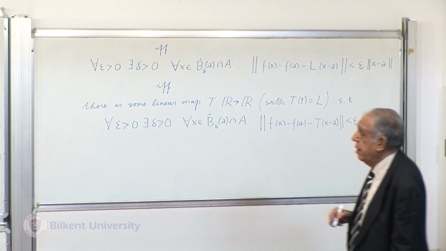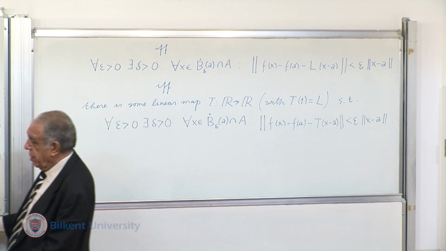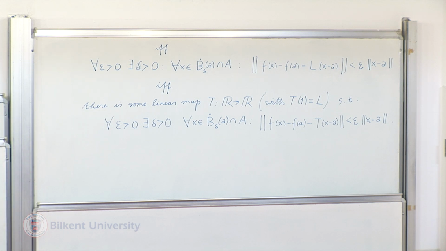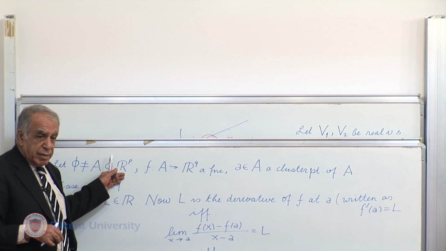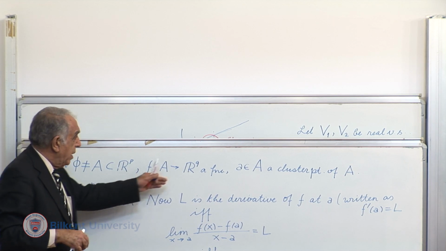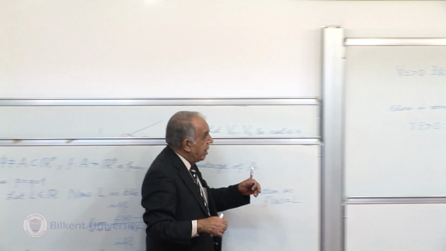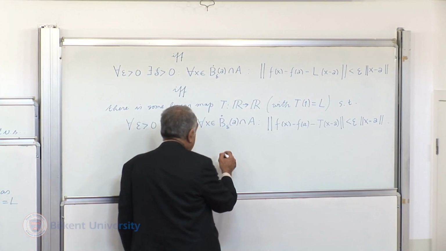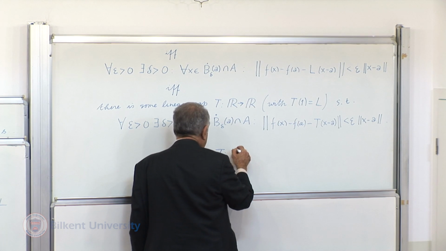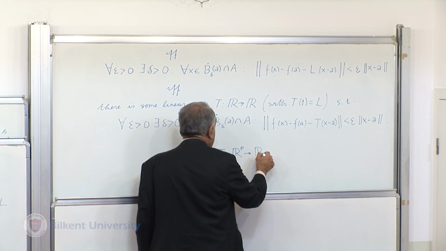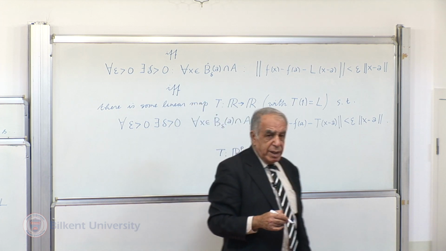But now, if I get back to the general situation where A is a non-empty subset of some Rp with values in Rq, then this linear map will be replaced by some linear map on Rp with values in Rq.